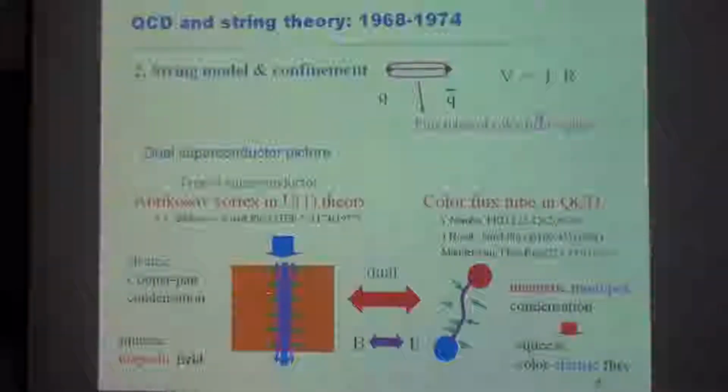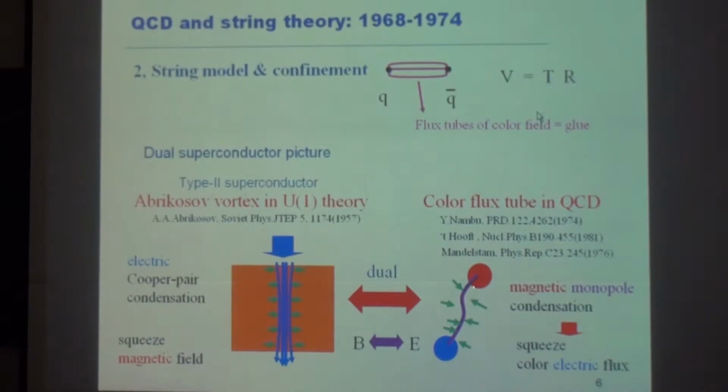Basically in the vacuum you have some magnetic monopole condensation, and this would squeeze the electric flux. So this electric flux will bind the quark and antiquark. So this string is related to confinement.